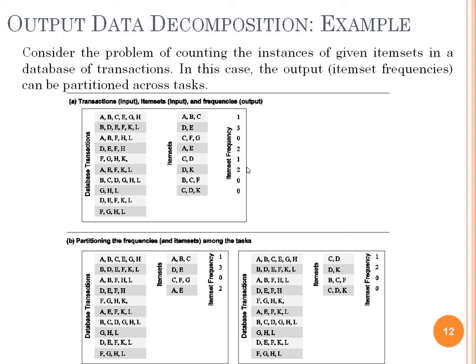These are the item sets and this is the frequency of the item set. For example, item set DE having frequency 3 means the item set DE is available in the transaction database 3 times. So it occurs 3 times. So here the frequency is 3. Likewise, these are the frequencies calculated for those item sets using the transaction data set.